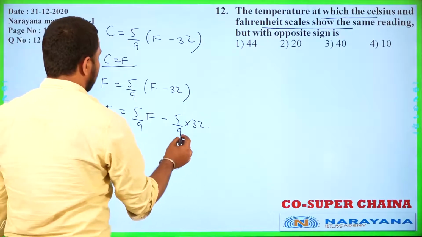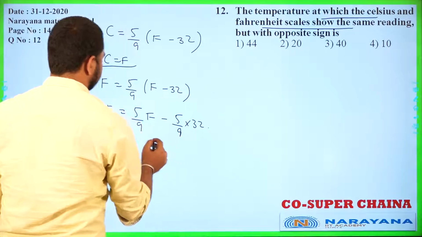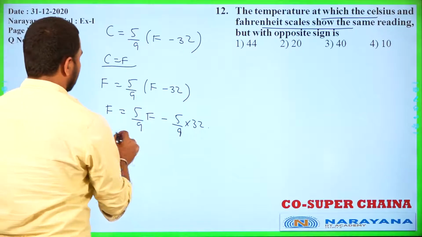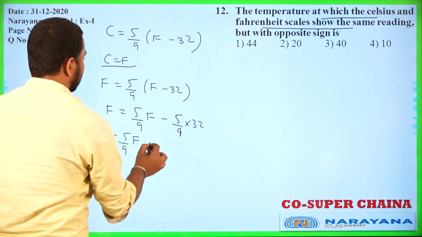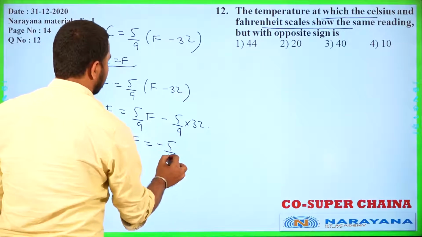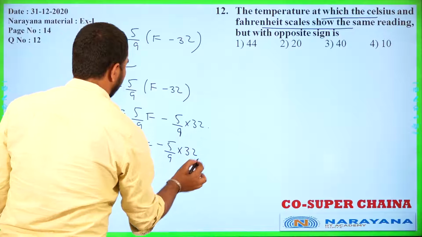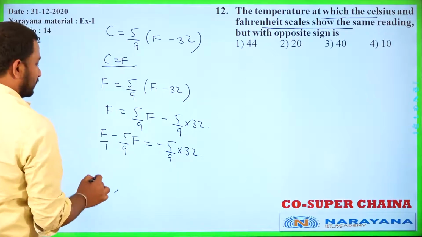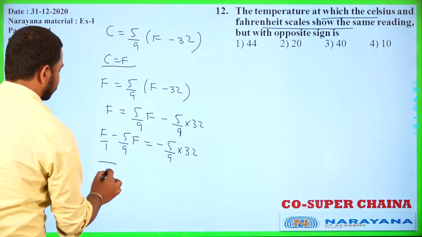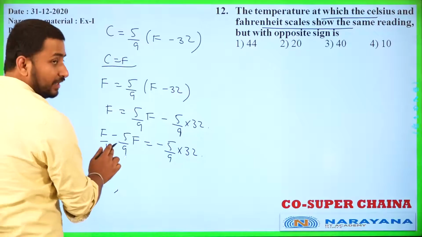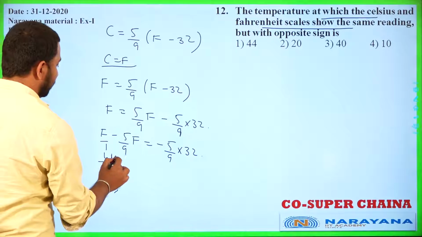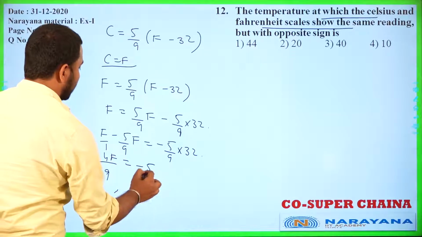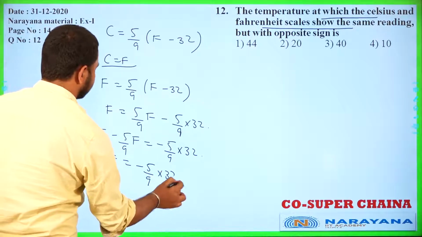So if you simplify it here, we can write F minus 5 by 9 F is equal to minus 5 by 9 into 32. Okay, so if you take the LCM, you will get 9F minus 5F, it will be 4F is equal to minus 5 by 9 into 32.